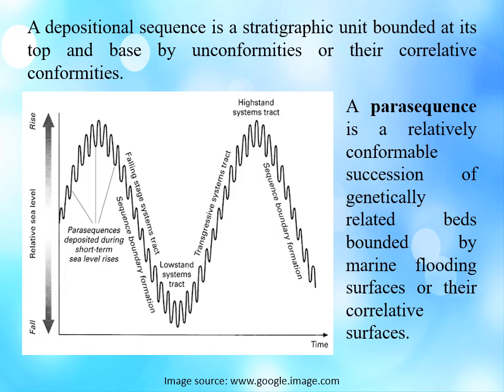A depositional sequence is a stratigraphic unit bounded at its top and base by unconformities, as I already told, or their correlative conformities. Correlative conformities means: the unconformities are found in the shallower part of the basin, which is exposed to subaerial activity. During the same interval in the deeper part of the basin, we find some amount of deposition or simply non-deposition, equivalent in time with this unconformity surface.